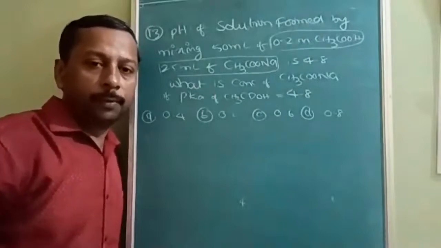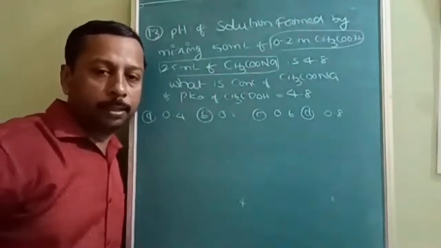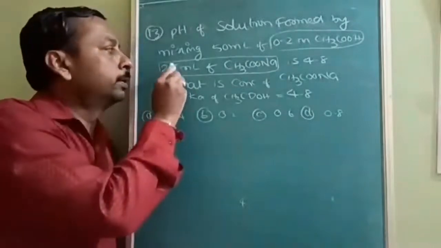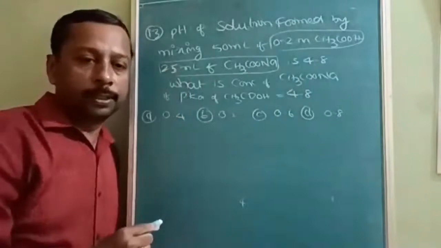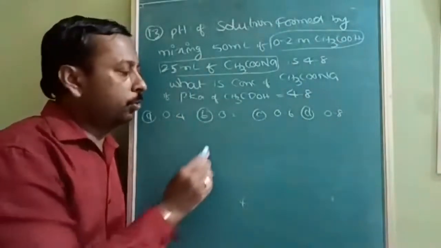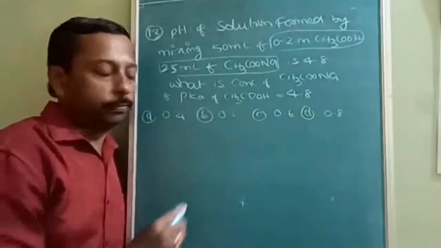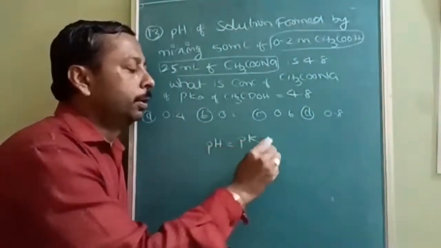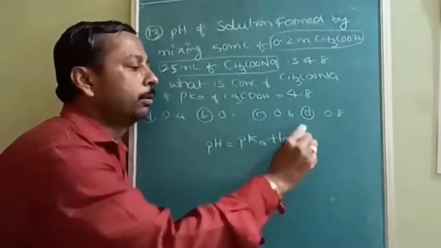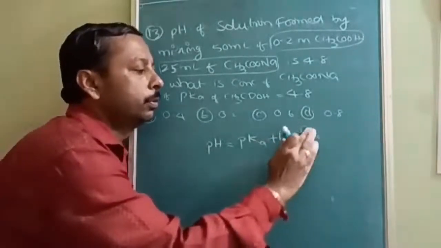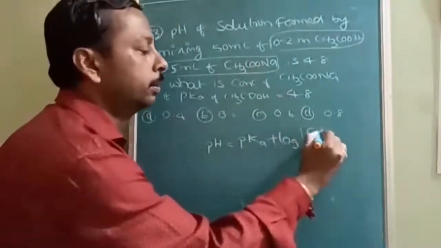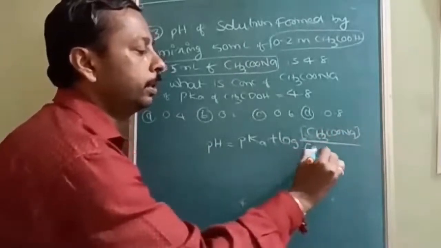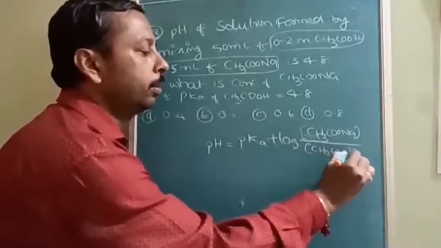If we are given information about the weak acid and salt of the weak acid with a strong base, it is related to a buffer, and which buffer? Acidic buffer. So immediately write down that formula: pH is equal to pKa plus log of concentration of salt, here salt is CH3COONa, divided by CH3COOH.